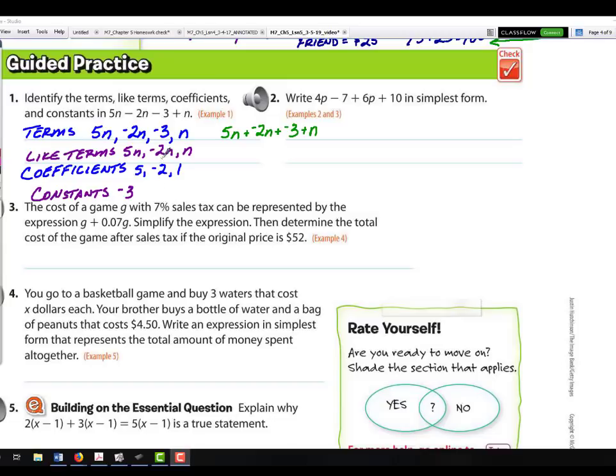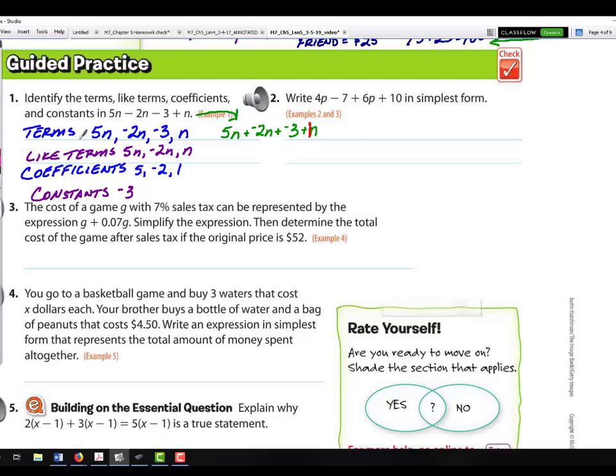For number 1, our first step is going to be to rewrite this as all addition: 5n plus negative 2n plus negative 3 plus n. If it helps, when you rewrite it, you can slide a 1 right there, make it 1n. Our terms are 5n, negative 2n, negative 3, and n.